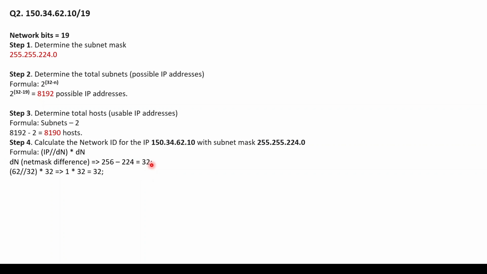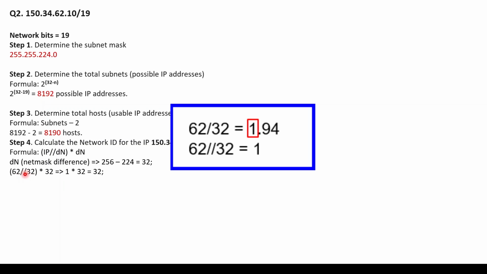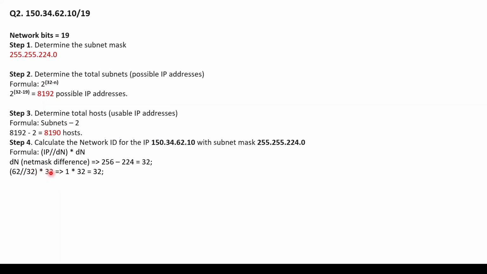Substituting everything into the formula, we have 62 divided by 32, which is an integer division. We are only interested in the whole number result. We don't want whatever is remaining. So 62 divided by 32, we get 1 remainder 30, but we are not interested in the 30. The result is 1, because 32 can only go into 62 one time.